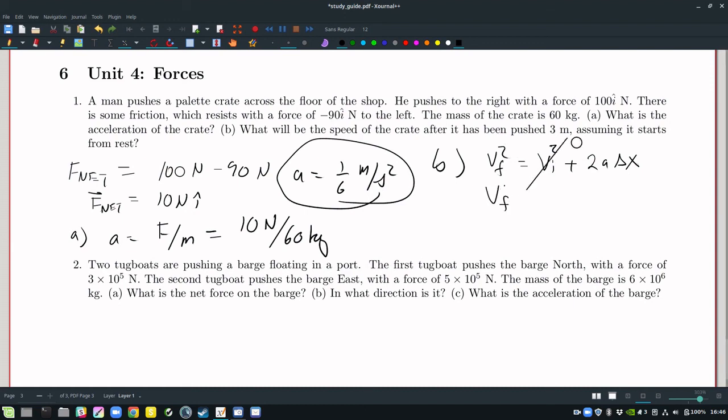So v final is equal to the square root of 2a delta x. It turns out that this works out to be 1 meter per second, because we have 2 times 1/6 times 3, so we get 6/6, square root, and that's 1 meter per second.